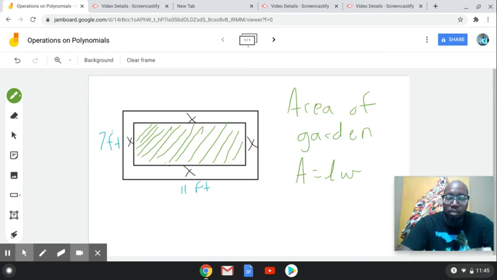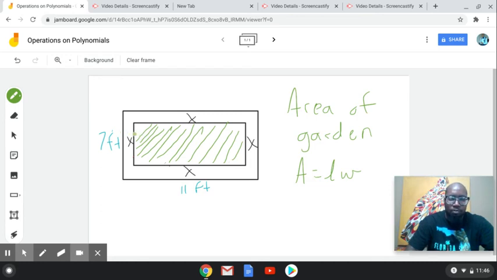Now, we don't necessarily know what the length of the garden is, right? We don't know what it is to go from here to here. However, we do know that the border is 7 feet going from here down to here. So this whole length is 7 feet.